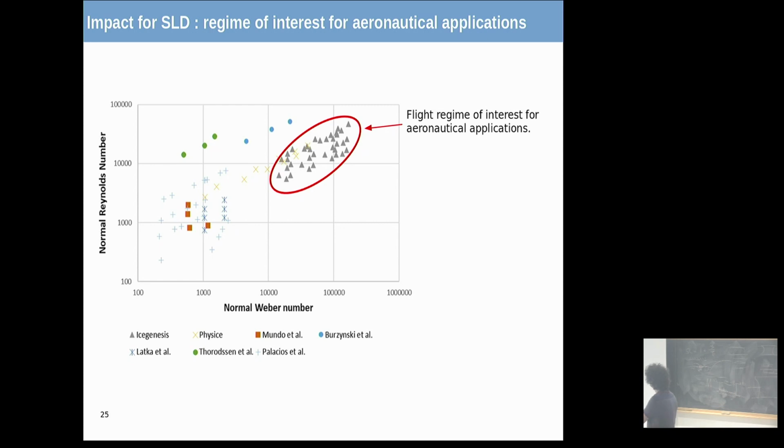Just to have orders of magnitude in mind, here is the region which is of interest for aeronautical applications. This is a diagram with Reynolds and Weber number, and we see that the regime of interest for aeronautics is around 10 to the power 5 regarding the Weber number, which is quite large. That is why, as presented by Claire yesterday, a new wind tunnel has been developed at A.Huerre to reach this kind of Weber number.